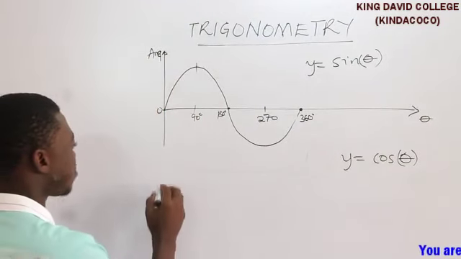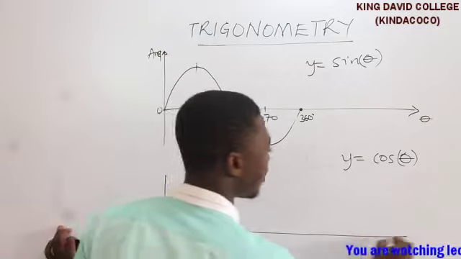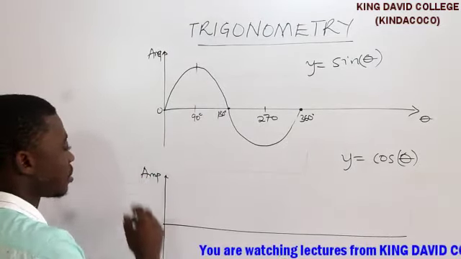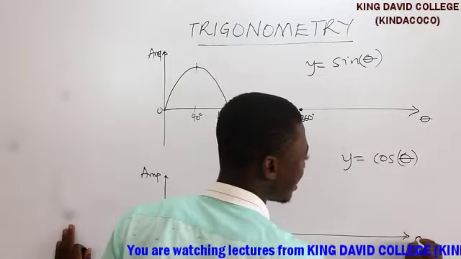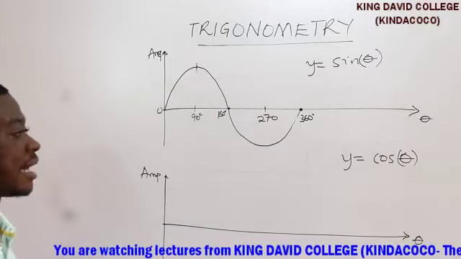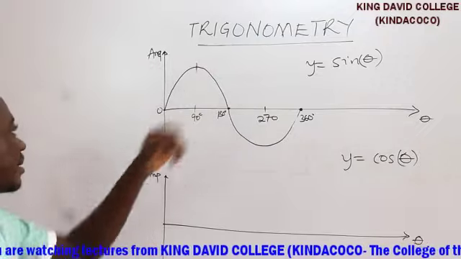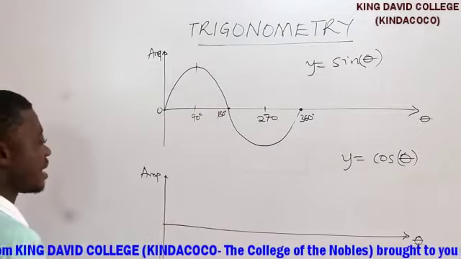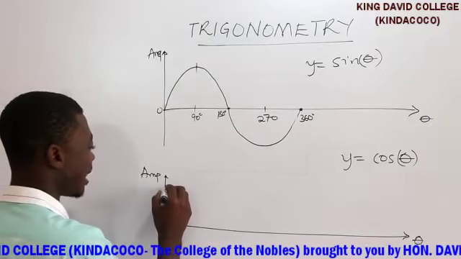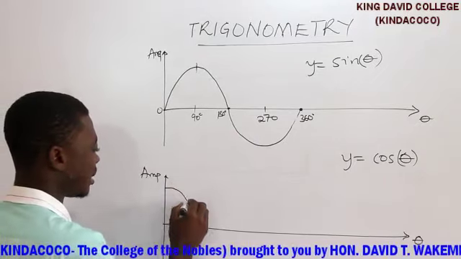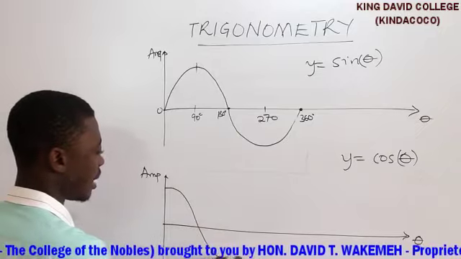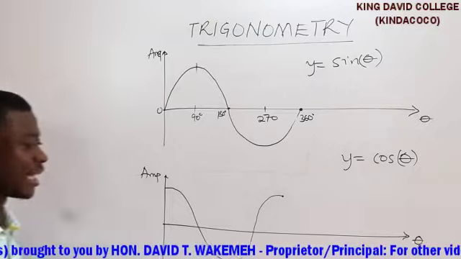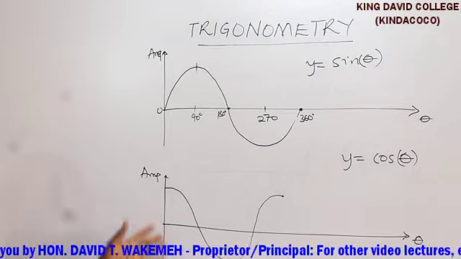So for a cos plot, it's the same thing, the amplitude against the angle, or you can say the period. The cos is going to go like that. Start this way and then drop, and then go up, and then like this. So that's how the sine and cos are going to go.